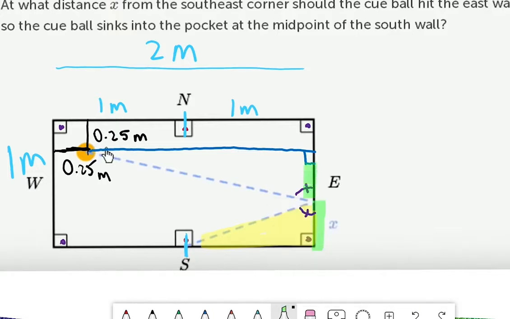Take a moment and ask yourself, how do we know that these are 2 similar triangles? Just take a moment, take a second. How do we know that they're 2 similar triangles? Well, we have, in both of these, angle, angle, which is all we need.